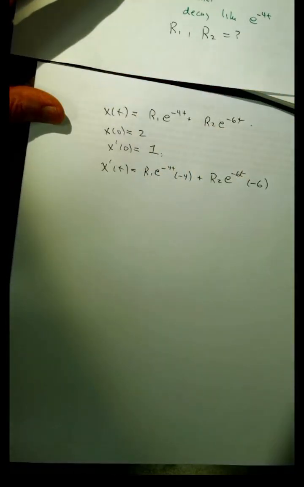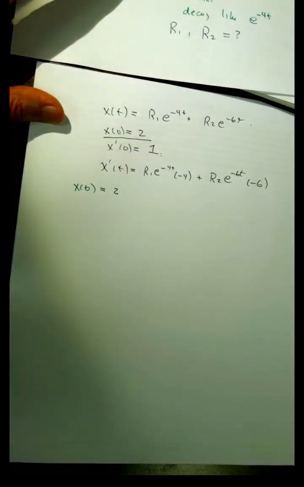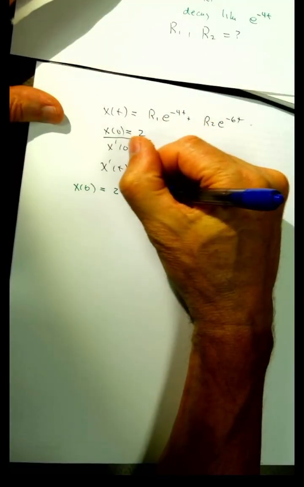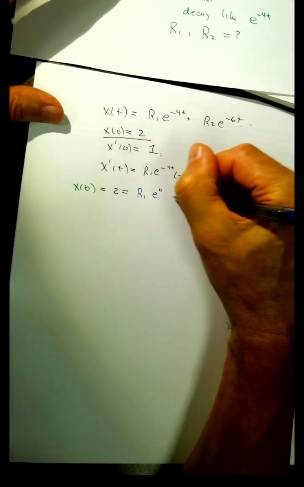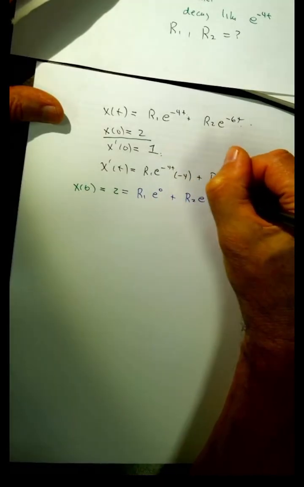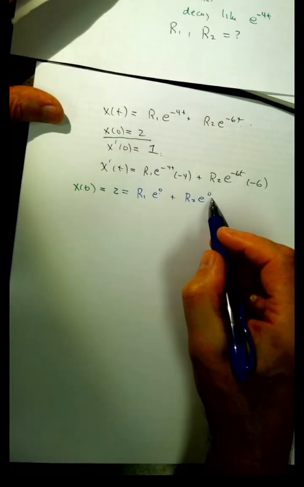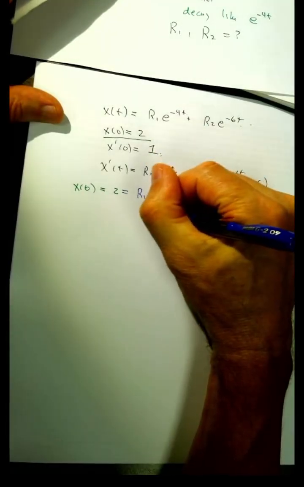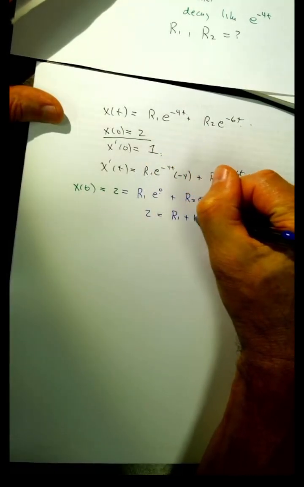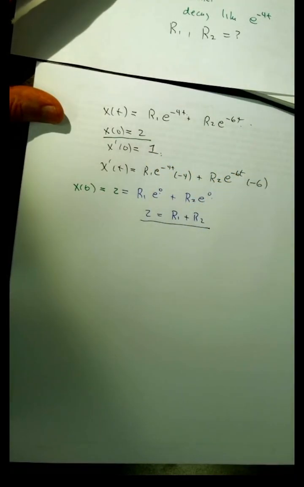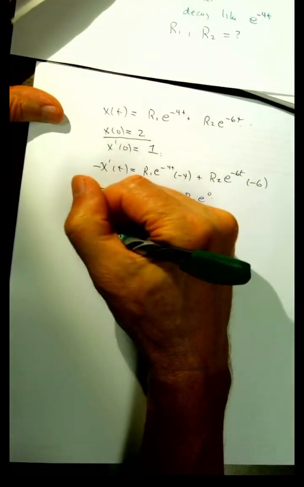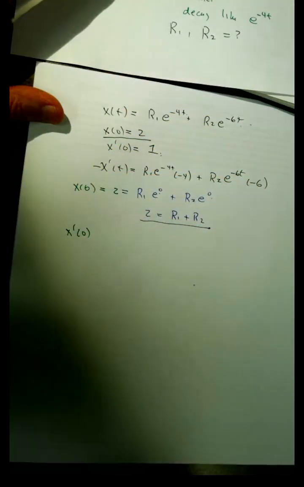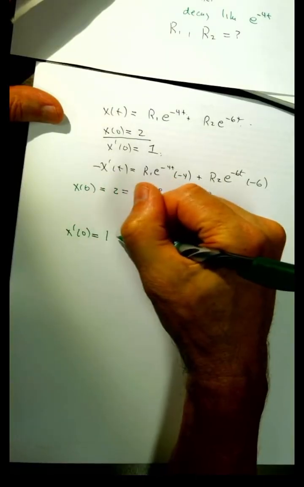Now, for this equation, I know it's equal to 2. If I plug in t equals 0, I get r1 e^0 plus r2 e^0, so 2 is equal to r1 plus r2. Now using the derivative, when I plug in t equals 0 into x prime, it's got to be equal to 1.